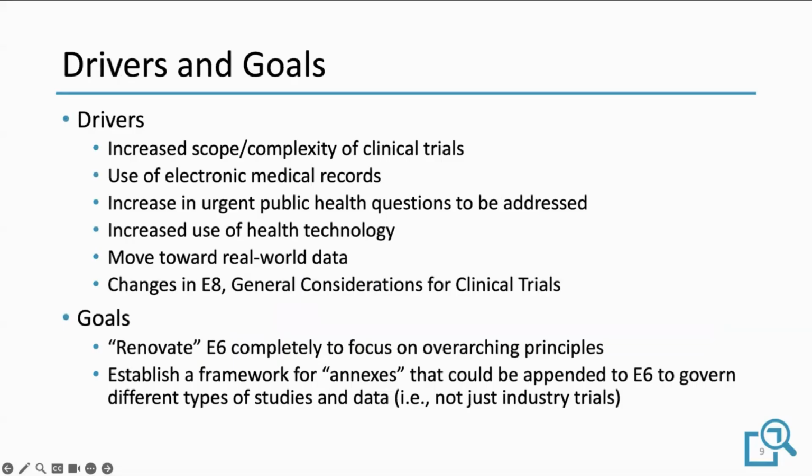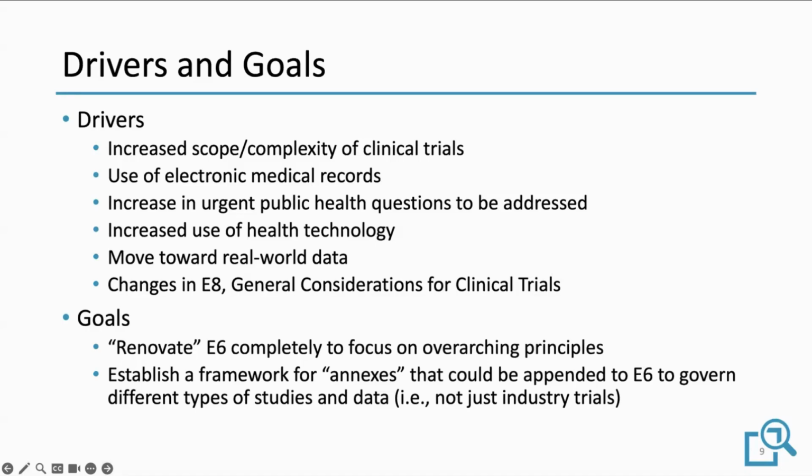The main driver for revision 3 was the amount of time, almost 30 years, that had passed since the first release of E6 in 1996. Although there was a revision in 2016, it was pretty limited. Since 1996, the scope and complexity of clinical trials has really expanded.